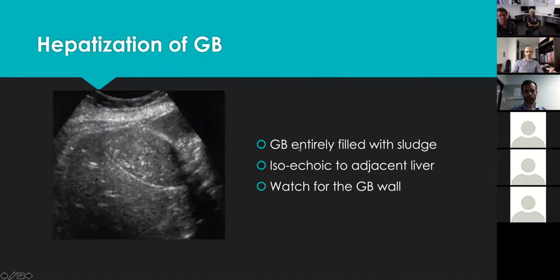And if it is a gallbladder full of sludge, it can be actually a hepatization of the gallbladder. This one is a bit easier to identify, but if it was a smaller, hepatized gallbladder, it's very easy to miss as a gallbladder totally.